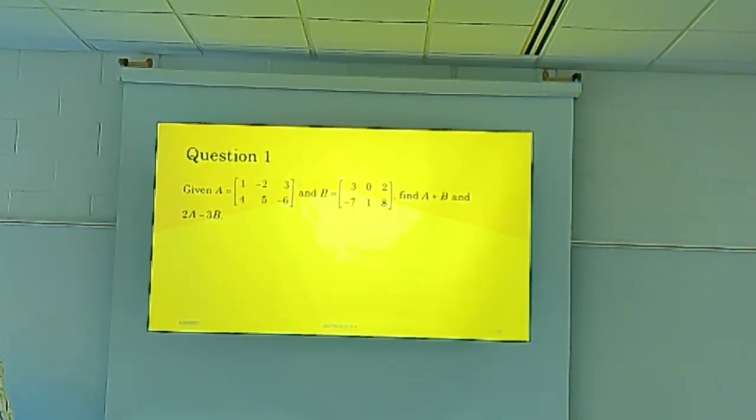We're given two matrices, and we want to find two evaluations, A plus B and 2A minus 3B. Let's first determine the dimensions. Right?